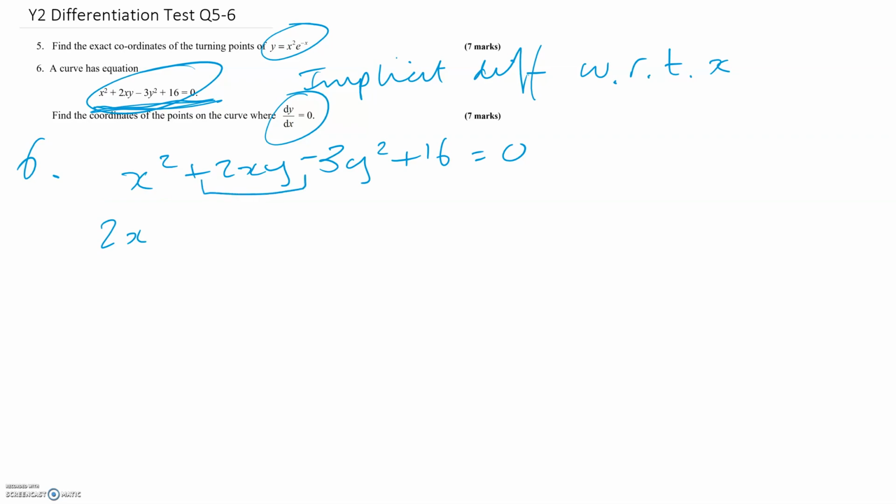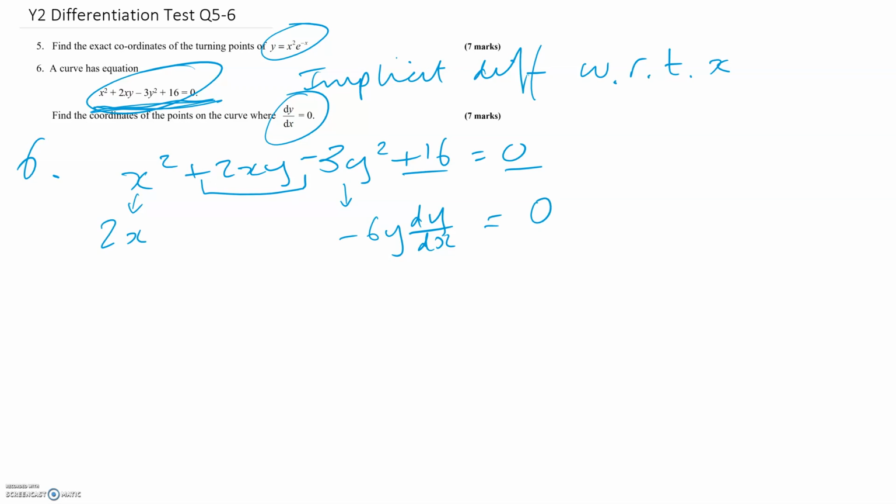You need to use the product rule for that. If you differentiate minus 3y squared, you differentiate with respect to y first of all, so that will give you minus 6y. But then you just stick a dy by dx down. When you differentiate 16, you just get 0. When you differentiate 0, you just get 0.